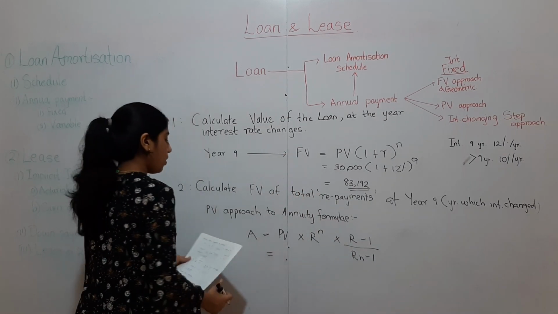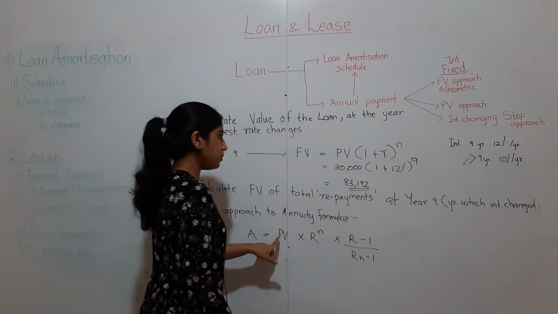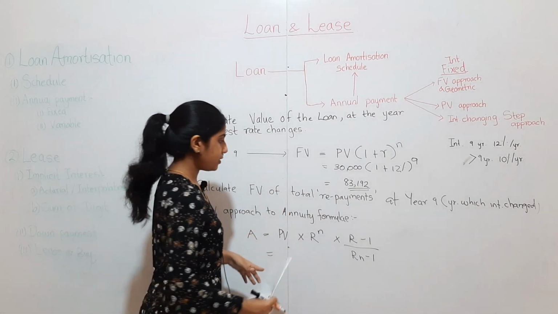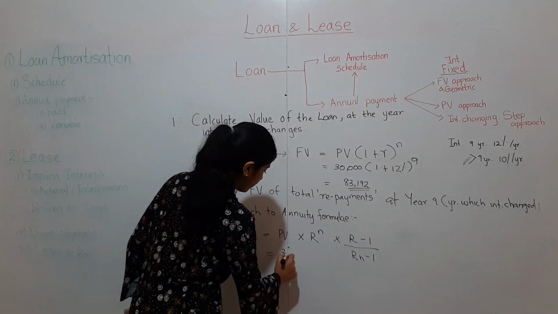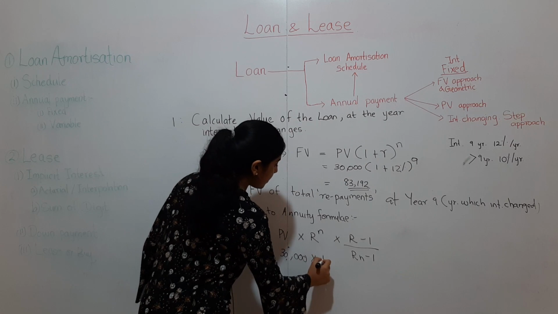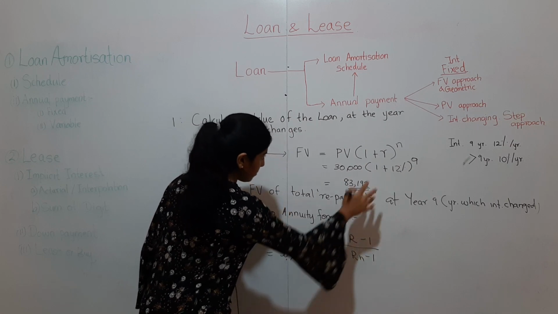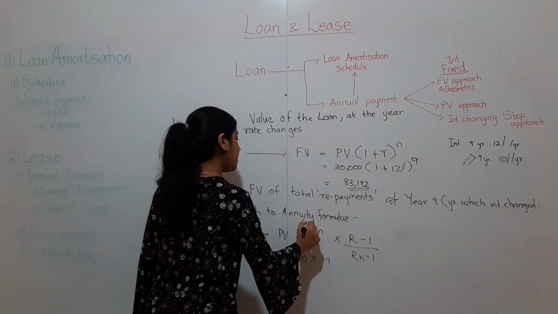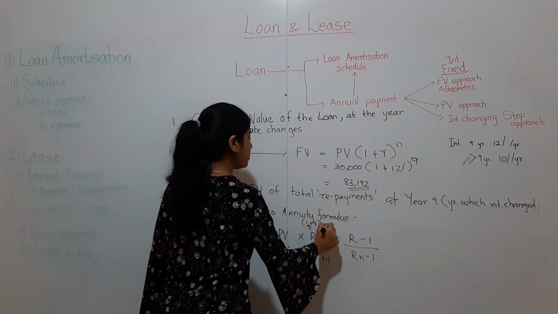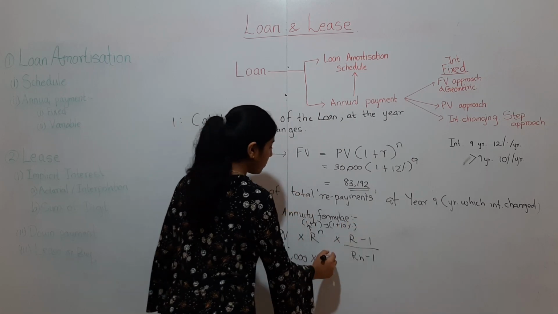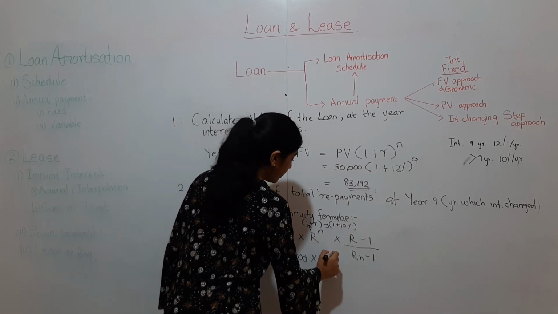We know always the present value is the value of the loan that we took, which is 30,000. Multiplied by R, which is 1.10, because capital R is equal to 1 plus r, which is 1 plus 10%. 1.1 to the power how many years?